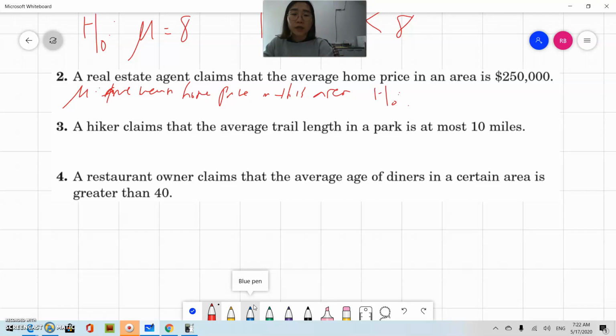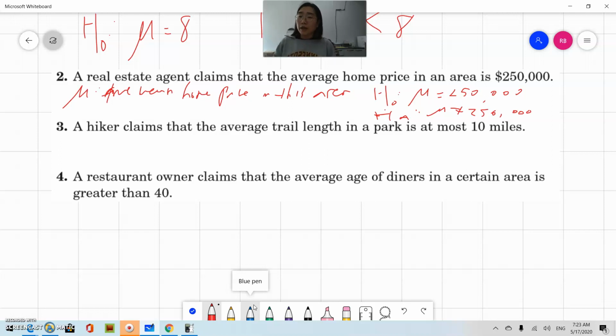What they're claiming is $250,000. And you might ask, oh, but they're not claiming anything else. So then what you do is use not equal to that number, okay? So you cannot say less than or greater than unless it is very explicitly stated in your question. When it's not stated explicitly, you always choose not equal to.